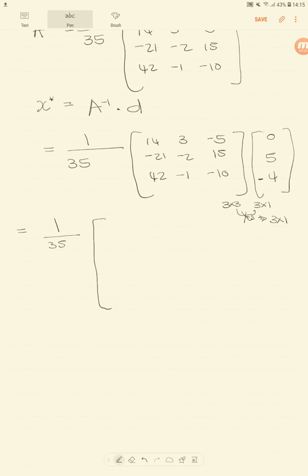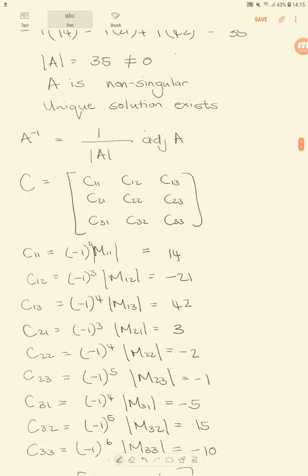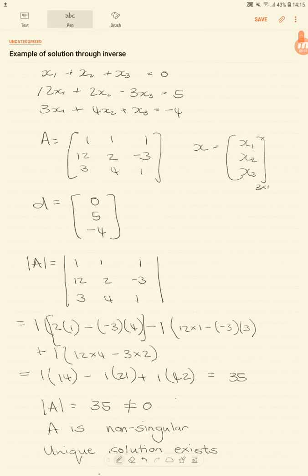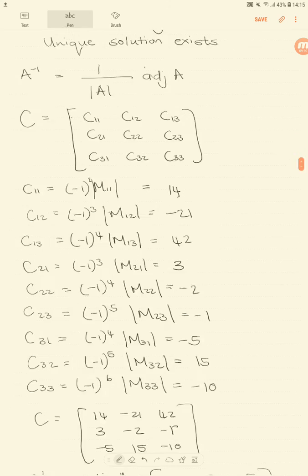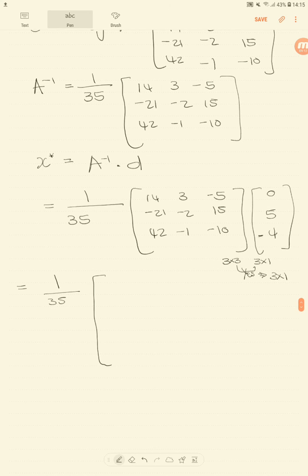So we have our D variable should be minus 4. As you can see, I just copied this incorrectly, so that's minus 4. So we take row 1 times column 1: 14 times 0 plus 3 times 5 plus minus 5 times minus 4 is equal to 35.